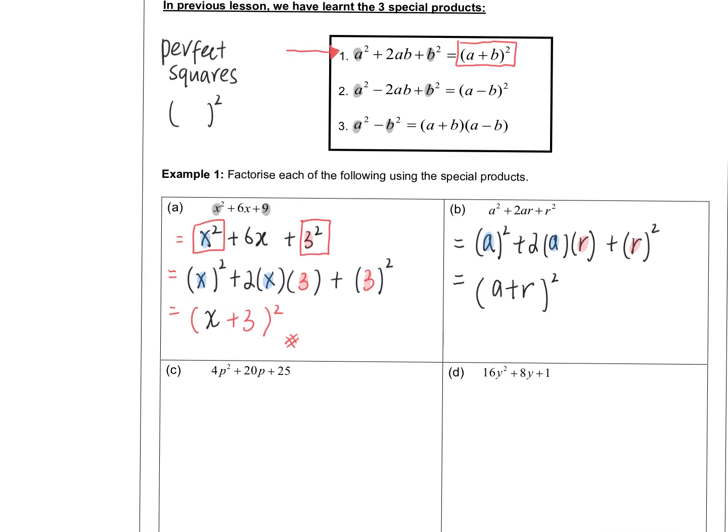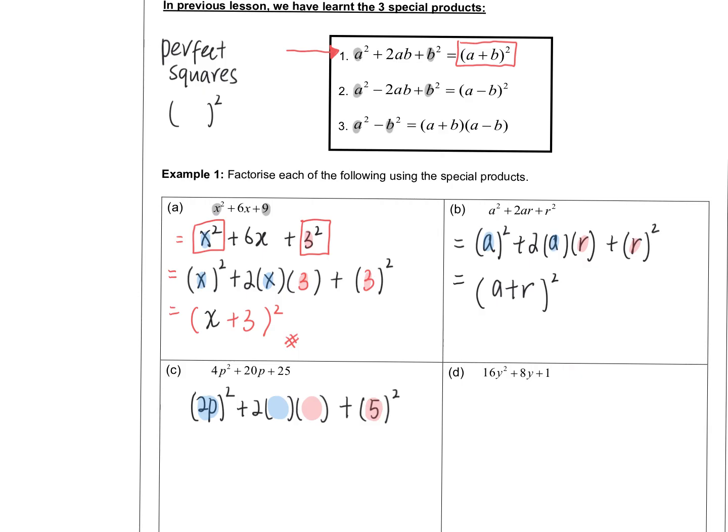Same thing. This is the same as 2p squared. 25 is the same as 5 squared. I need to always change this one first. My 25 is 5 squared.